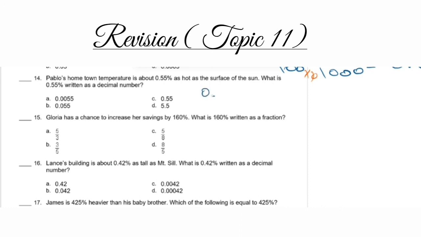We have 0.55. Move the point to the left 2 digits. So we have the point that was here. We will move it 2 digits to the left. Okay? So we have 1, 2, and place the point. And after that, the whole number. So the answer is A.